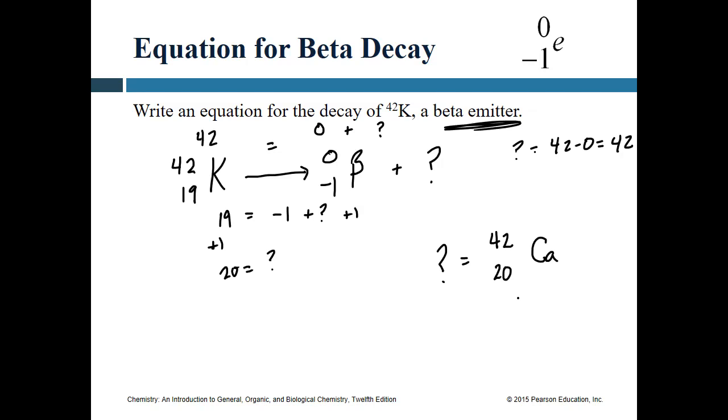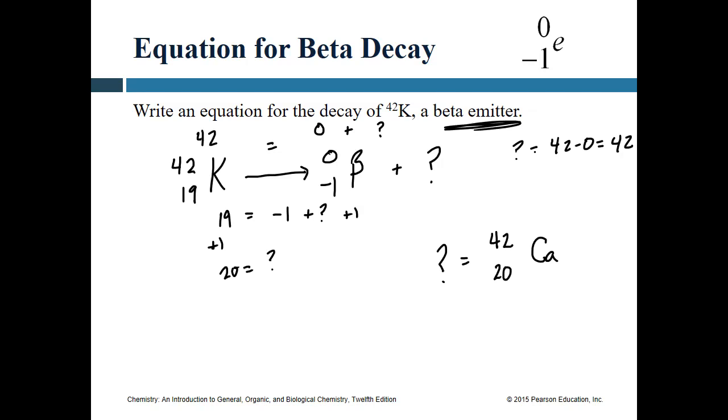Now, is this form of calcium stable? Probably not. It probably would need to undergo another beta decay. Again, how do we know? We can compare the mass number to the atomic mass on the periodic table. It gives us a rough idea.